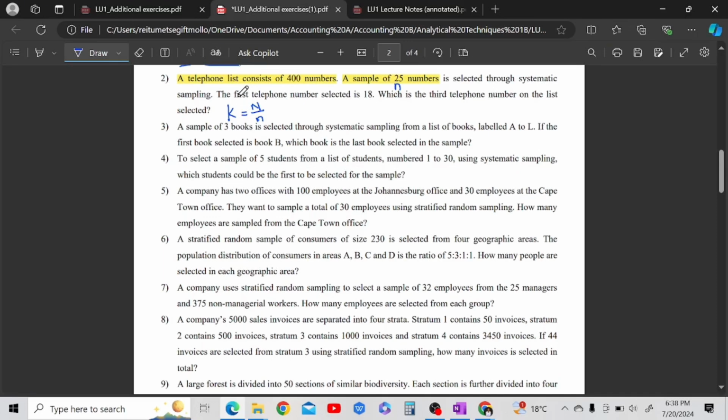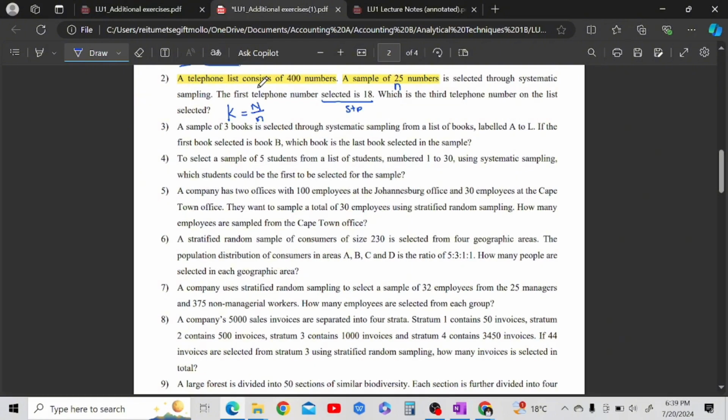All right. So firstly, we need to find out how we are going to select every unit. So we need to first find our k. In order for us to find out what is the third telephone number that is going to be selected on the list, we need to find out what is our k. When you read the first part, it says a telephone list consists of 400 numbers, and then out of these 400 numbers, we have a sample of 25 numbers.